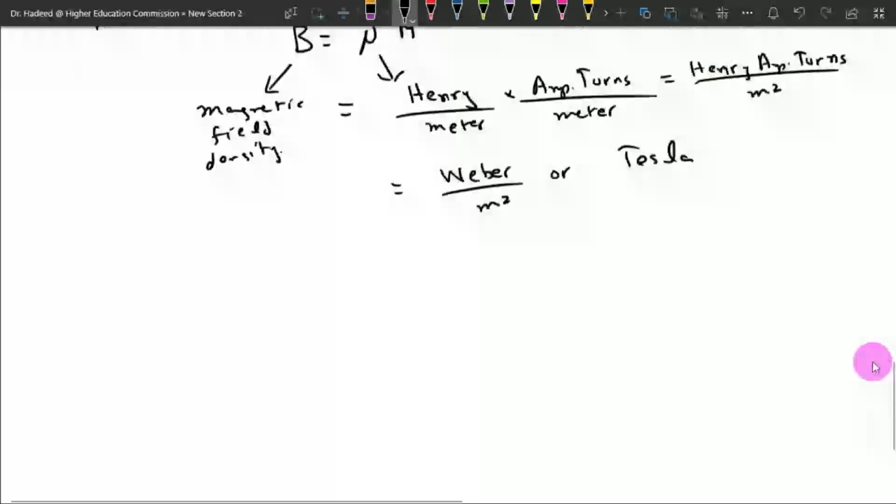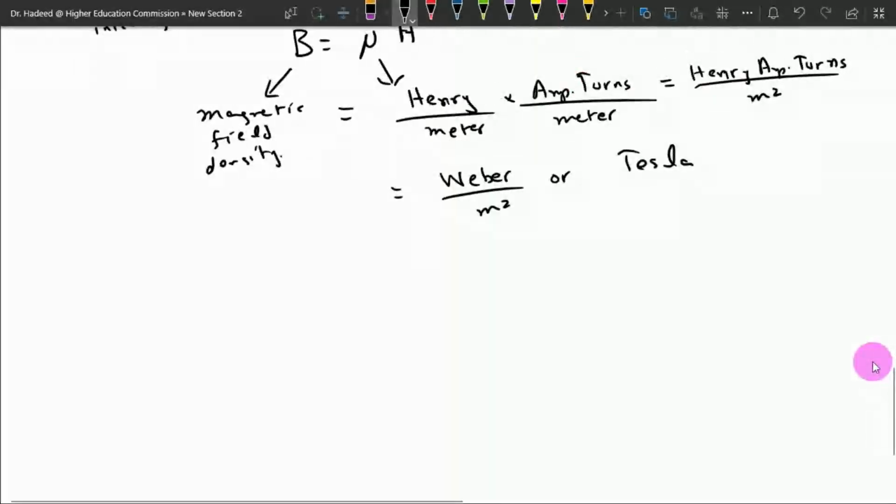So we always judge the material by the relative permeability, and this concept is similar to altitude measurement, which is with respect to the sea level. When we say that a particular place is 5,000 feet above the sea level, it shows its altitude with respect to the sea level.